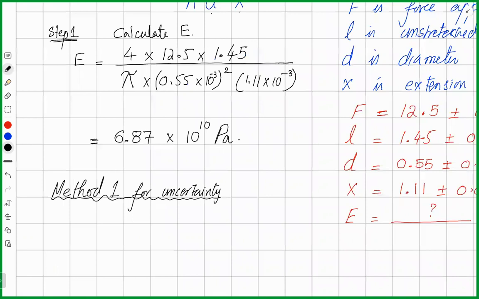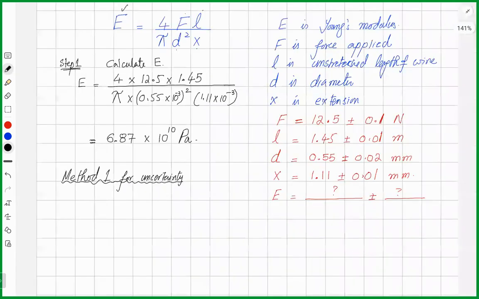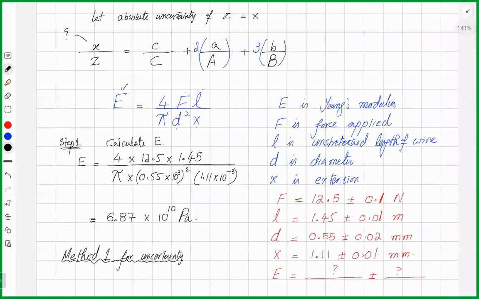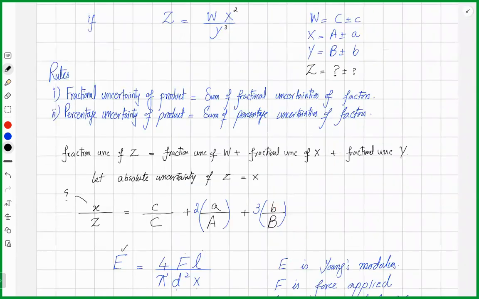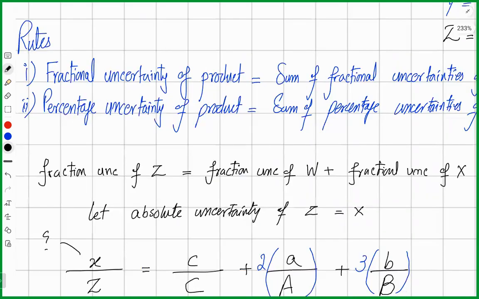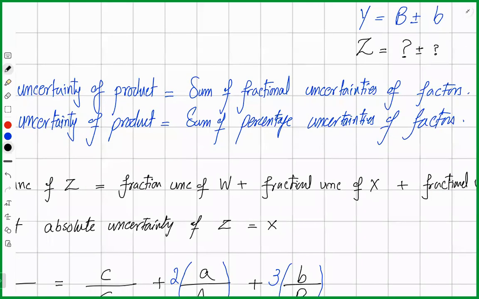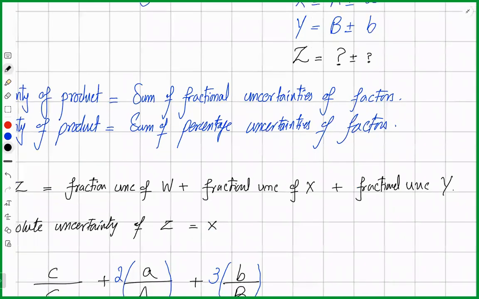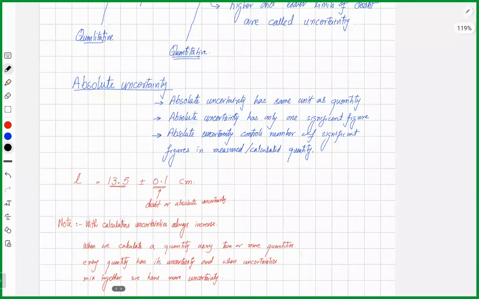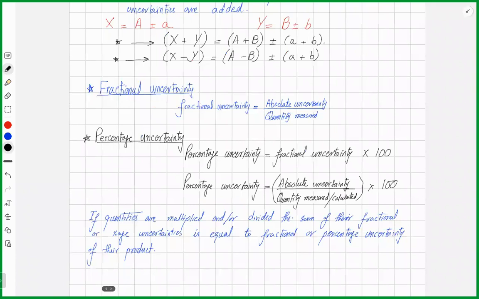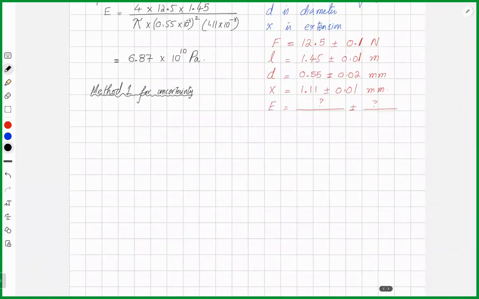Now, what was the rule? If we go back, the rule was that the fractional uncertainty of the product has to be equal to the sum of the fractional uncertainty of the factors. In this case, the factors are F, L, D, and X. So here we go.